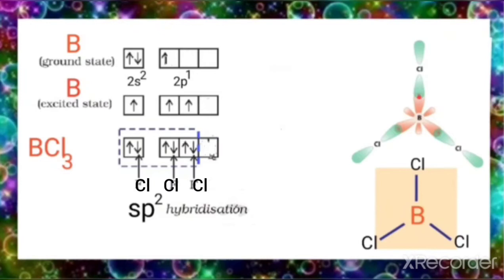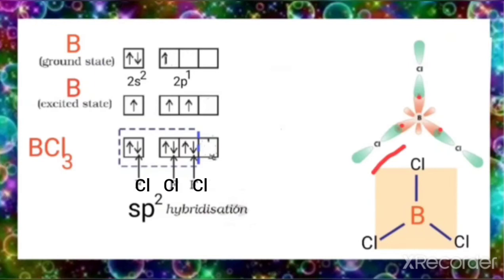It is a head to head overlapping, that is the overlapping between the sp2 hybrid orbital of boron with the p orbital of chlorine. For the case of chlorine, why is the dumbbell shape made? Because the p orbital is a dumbbell shape. So for chlorine, the p orbital electron and the sp2 hybridized orbital electrons are sharing.